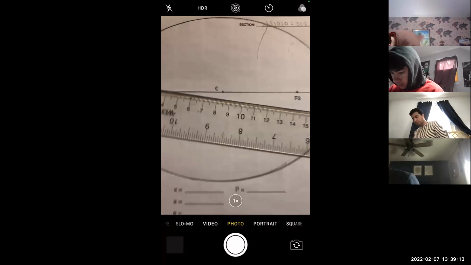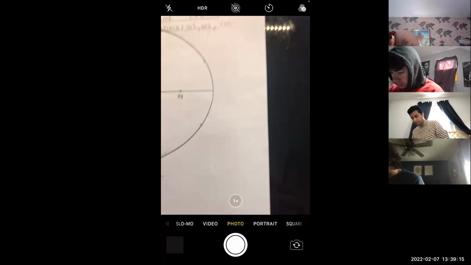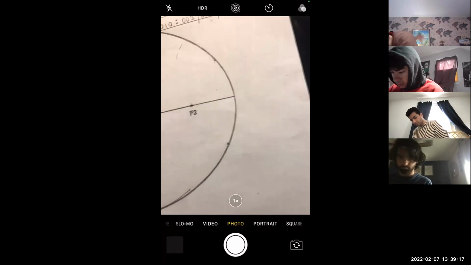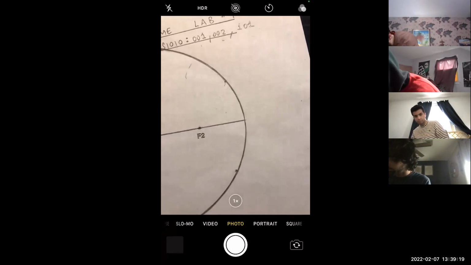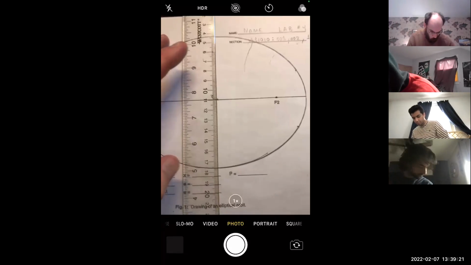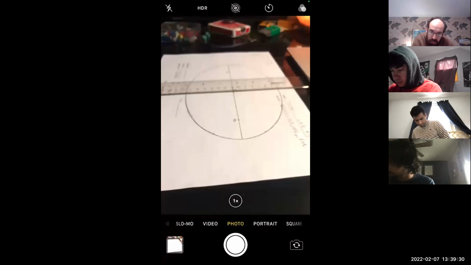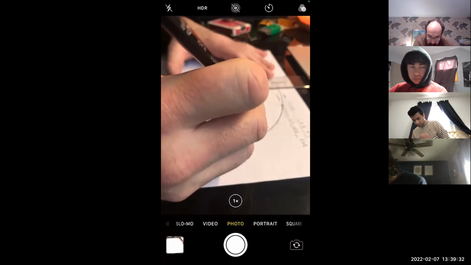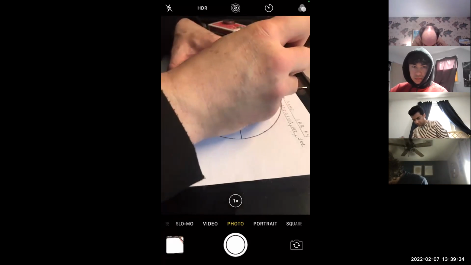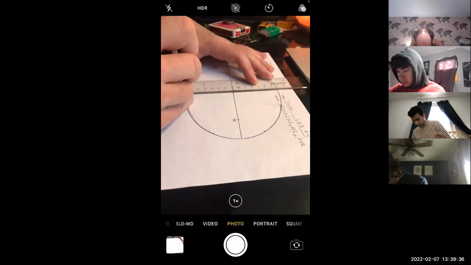Once I have the midpoint, I can draw in my minor axis. I want to make sure it's perfectly perpendicular to the major axis, like so. Here you can watch me carefully draw in my minor axis.